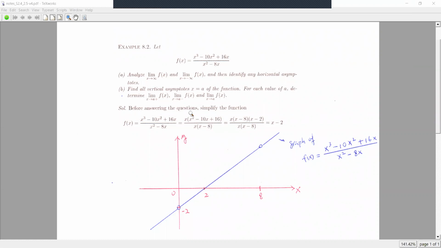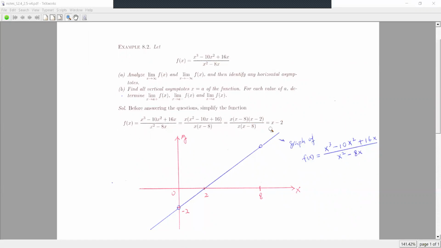Before answering the questions in part A and part B, I simplify the function first. Factor the polynomials on the top and at the bottom. Then I get this equation. Cancel x minus a. Then the function f is simplified to this function.